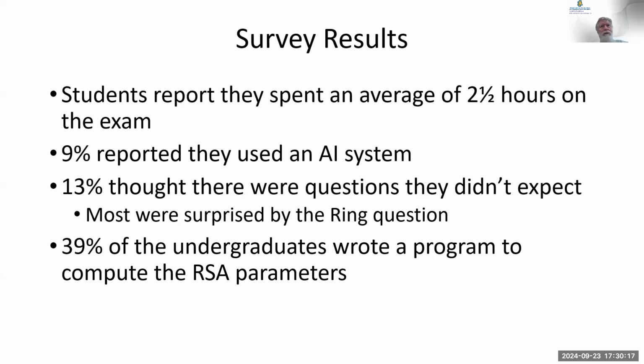If you're an undergrad in 620, then you follow the 620 rules. Okay, you're in 422. 422 students were not given P and Q. If you were in 620, I gave you the P and Q values. So the 422 question was harder.